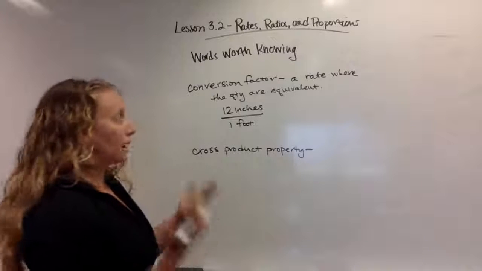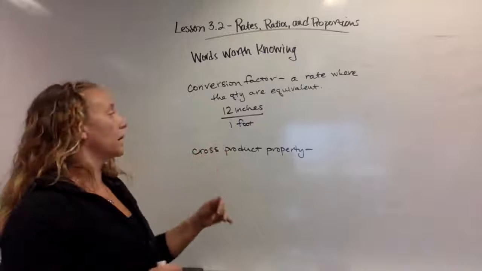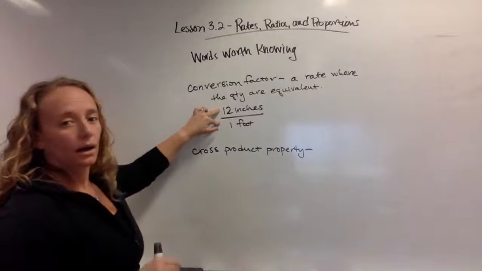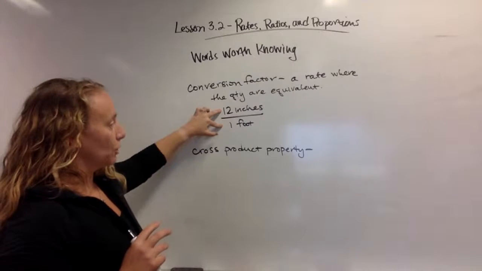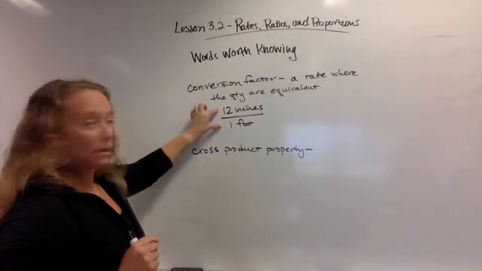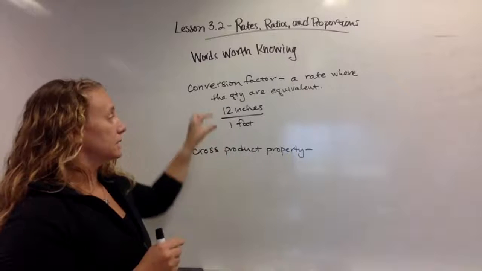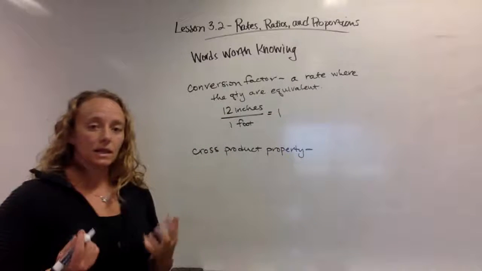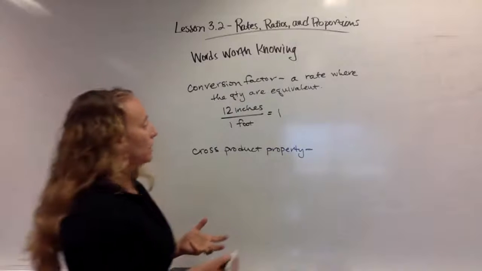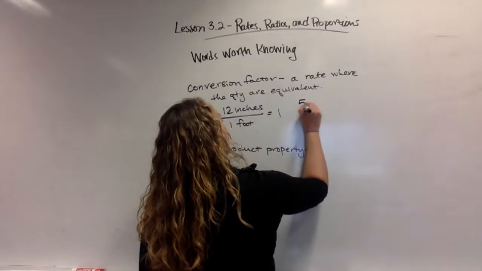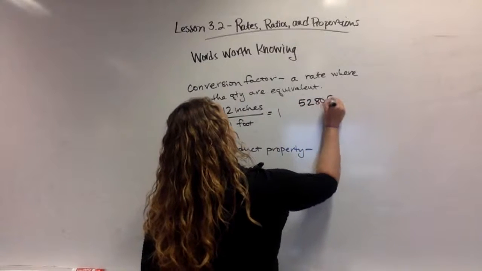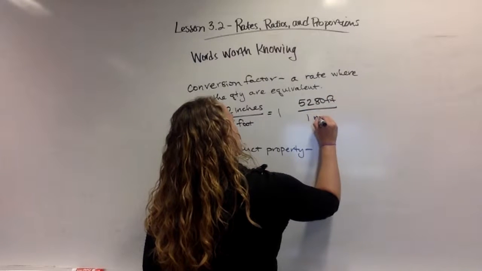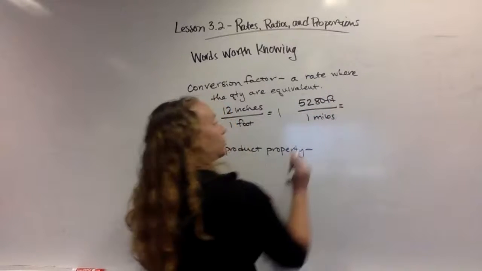If we think about that, 12 inches is 1 foot, right? So technically, I have a conversion factor, and this is equal to 1. Another example could be 5,280 feet is equal to 1 mile. Those are equal.